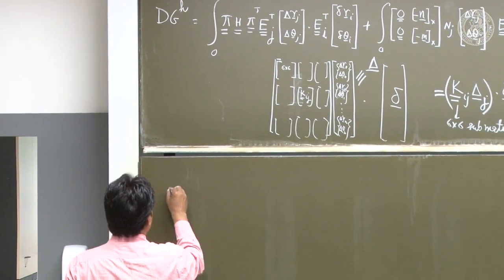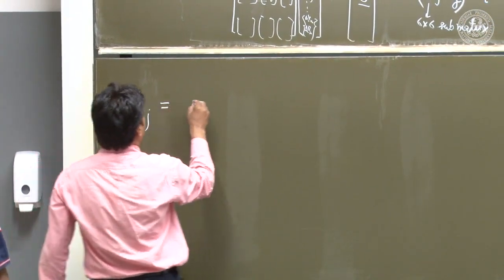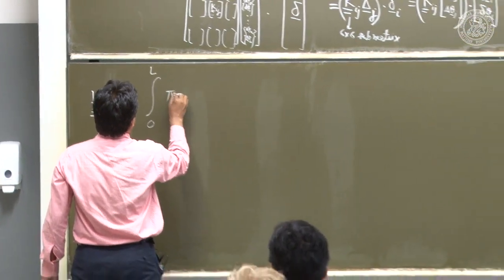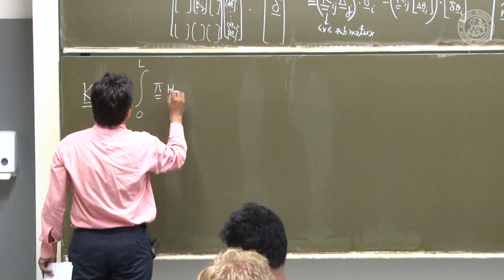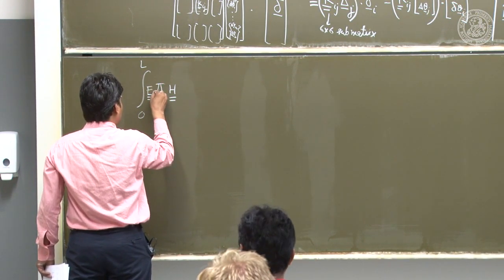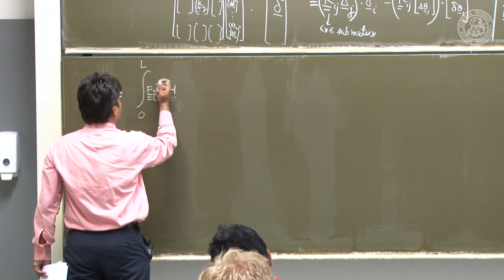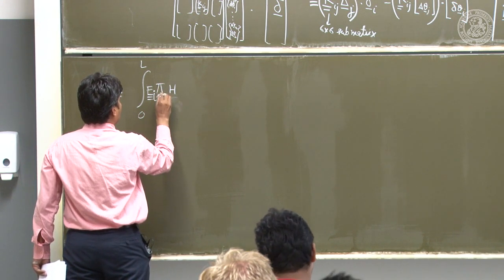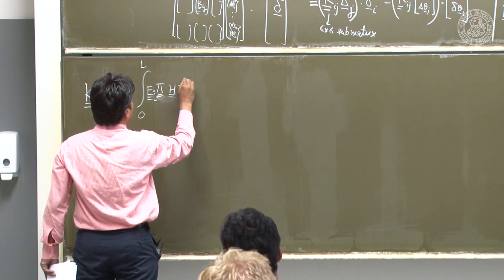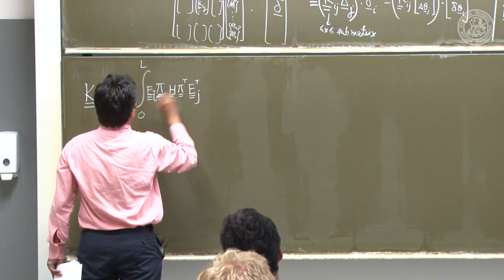So what's your K_ij then? K_ij is simply the integration from 0 to L of E_i, Π H Π transpose E_j transpose.